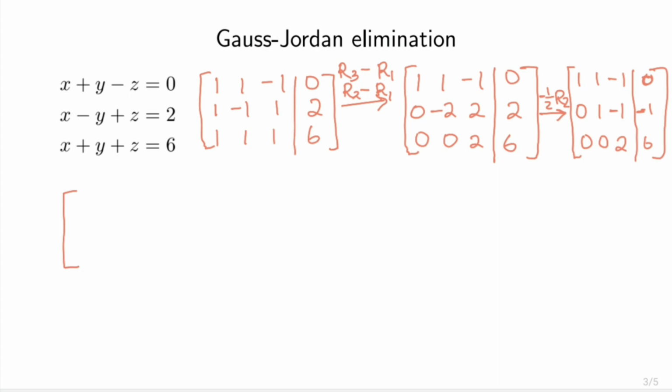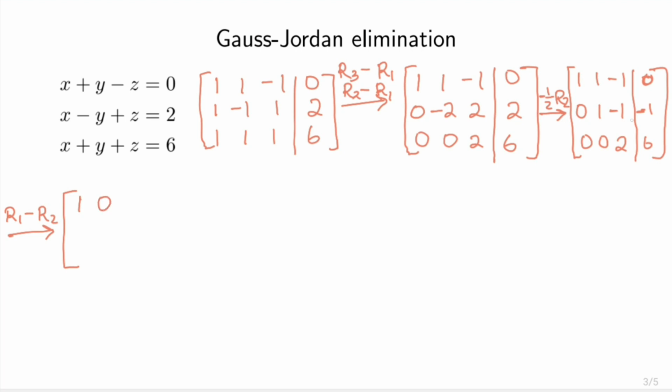So the first row remains unchanged. Actually, it doesn't remain unchanged. So what we're going to do is we're going to subtract this new second row from the first row so we can eliminate this. So let's do that. We subtract. So let me write what we are doing. We are saying row 1 minus row 2. That's the new row 1. And that gives us 1, 0.